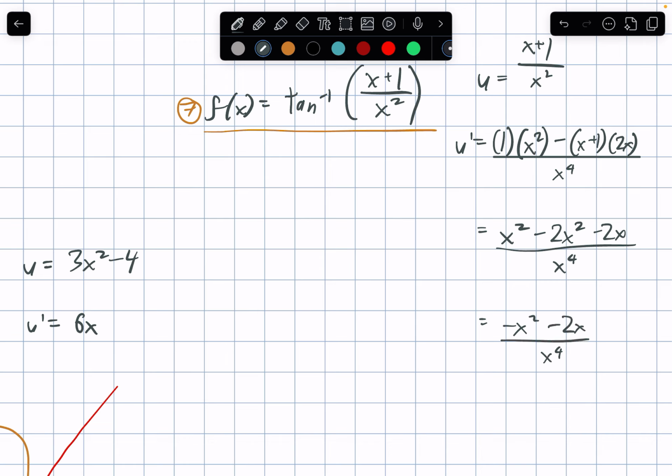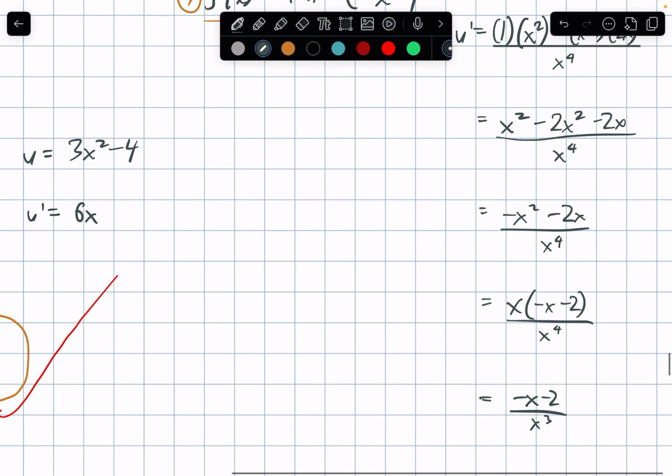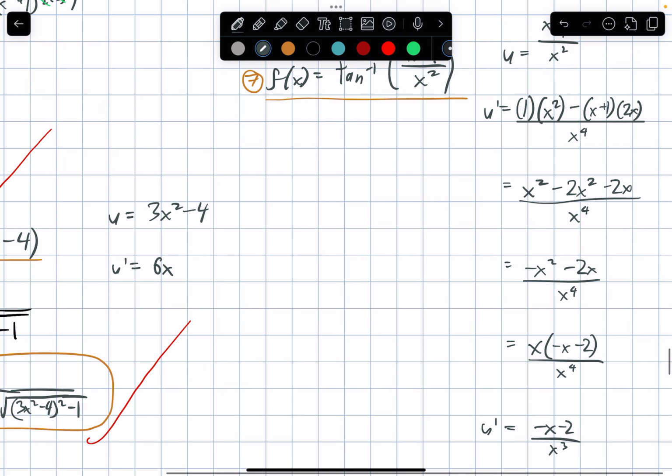Do you think we can simplify? Wouldn't hurt if we do try. So this is going to be like that. Okay, let's see if it works.